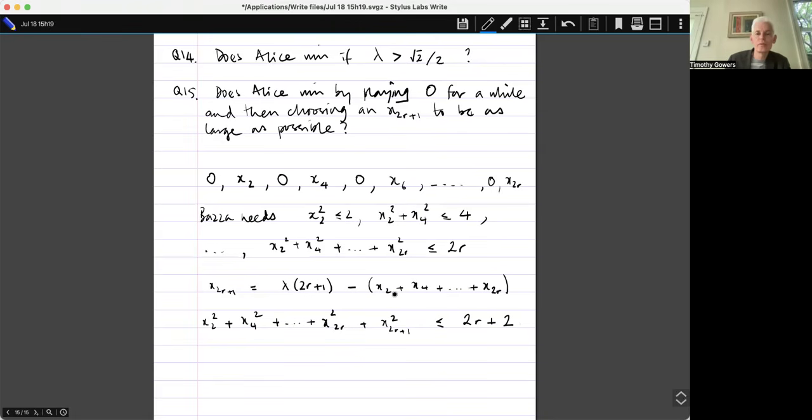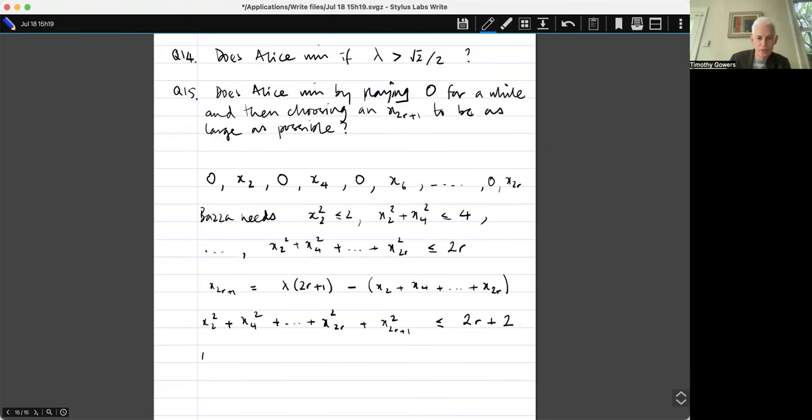I think Bazza has nothing to lose by making all these numbers equal to each other, because if you replace all of x2, x4 up to x2r by their average, that's not going to affect x2r plus 1, but it's only ever going to make this sum of squares smaller.